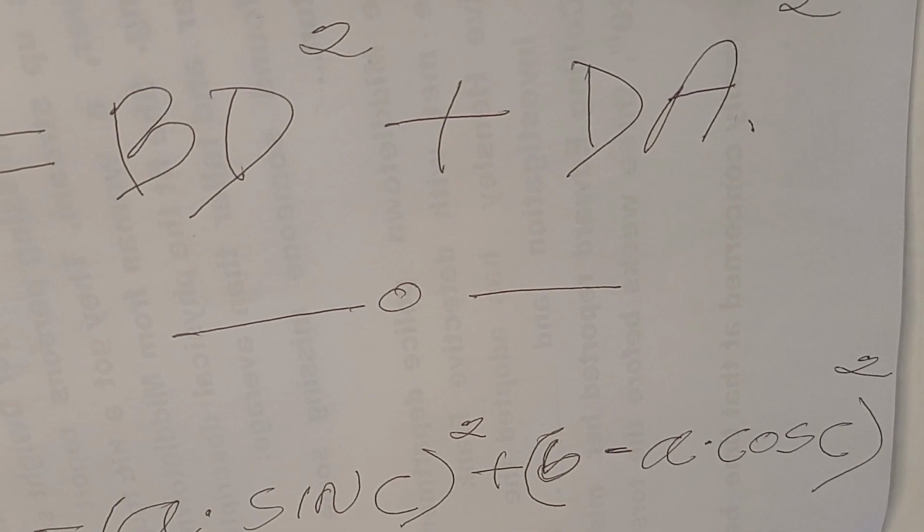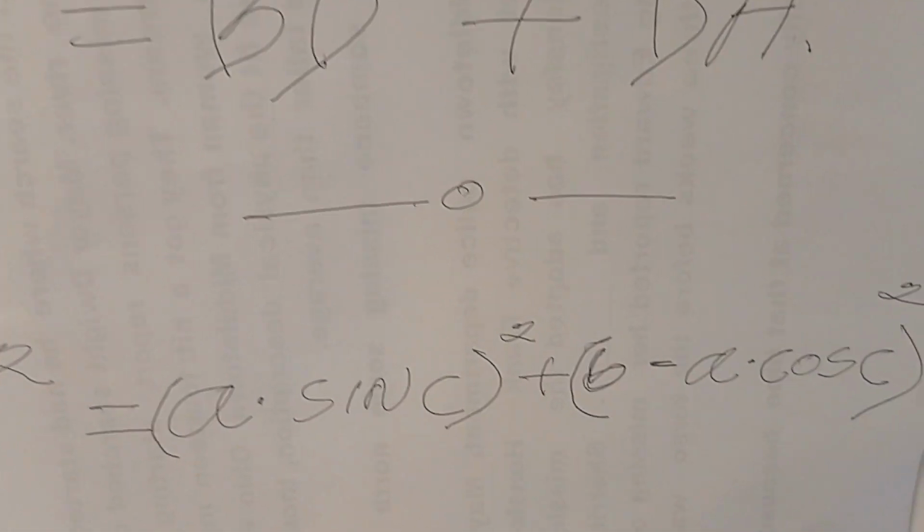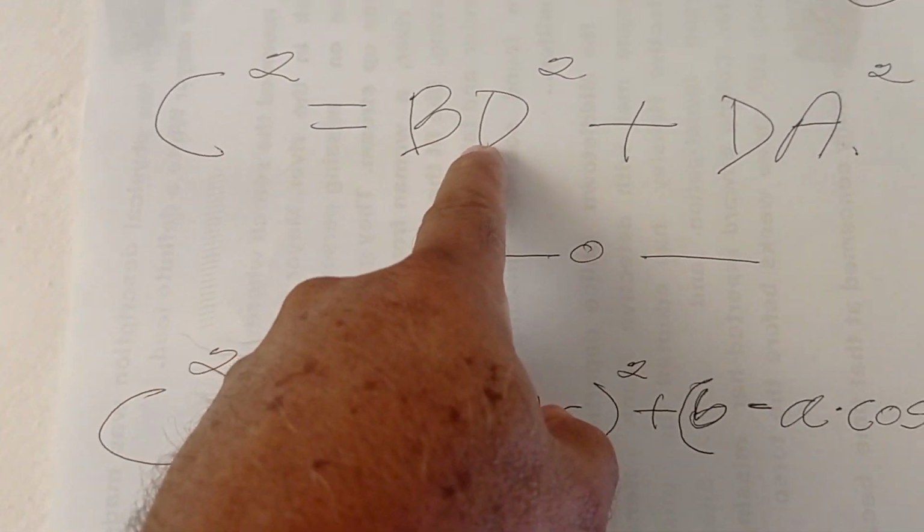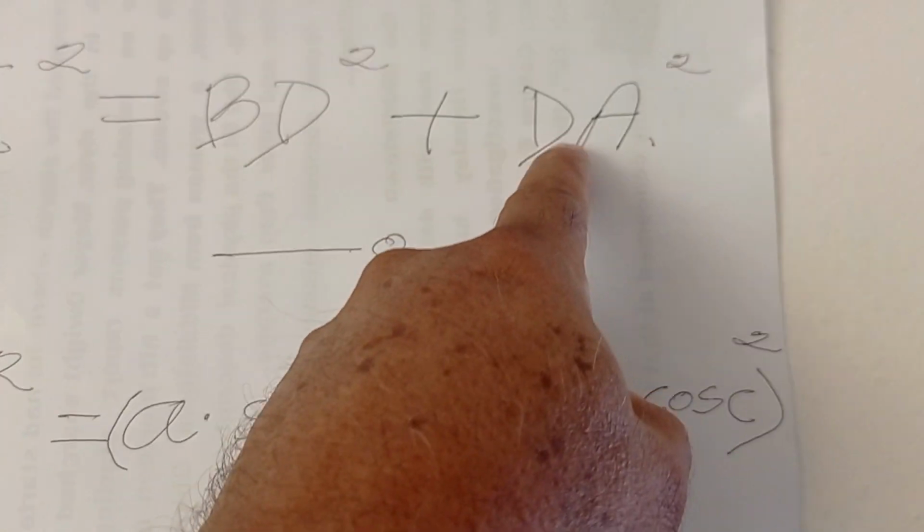Let me explain this to you. C squared equals BD squared plus DA squared, Pythagoras theorem.